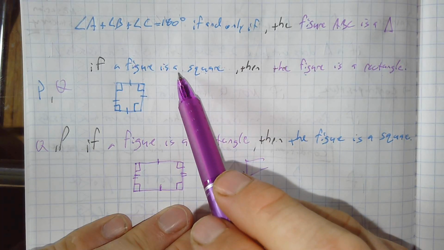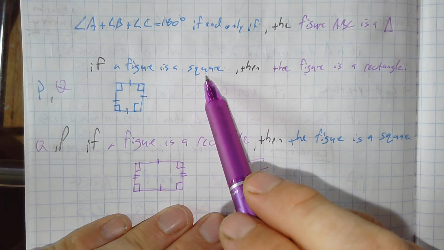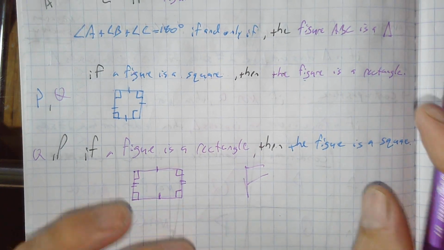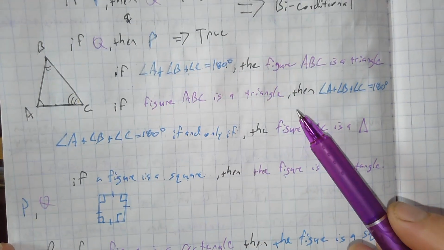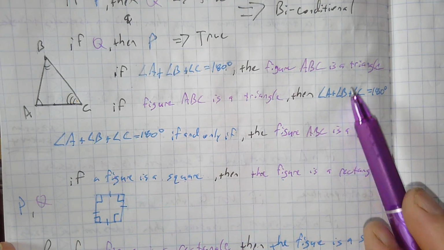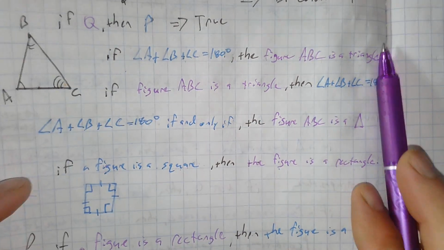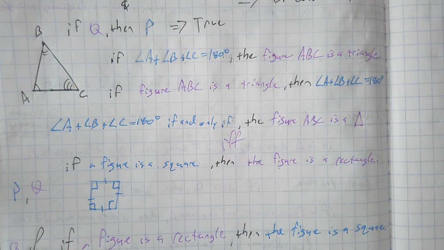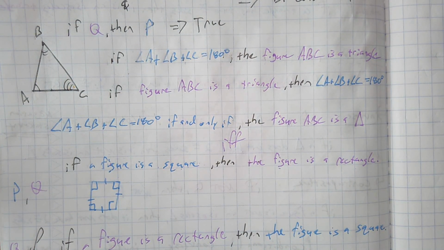That's why biconditional statements allow you to use the if and only if statement, abbreviated as IFF. Hopefully that makes some sense, and we're going to move on to some examples.